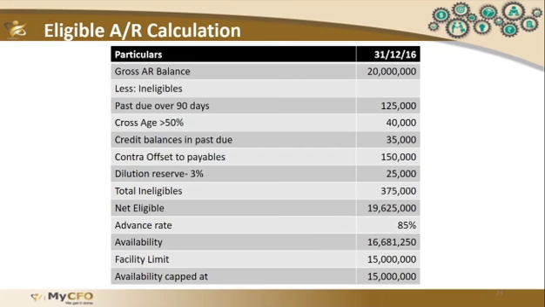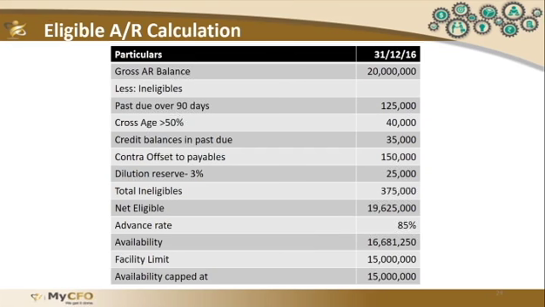Only $40,000 is current AR. Because of cross age over 50% being ineligible, the remaining $40,000, which is current AR, will also be held ineligible under the category cross age over 50%.